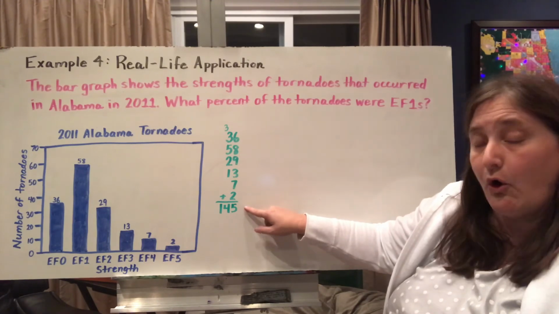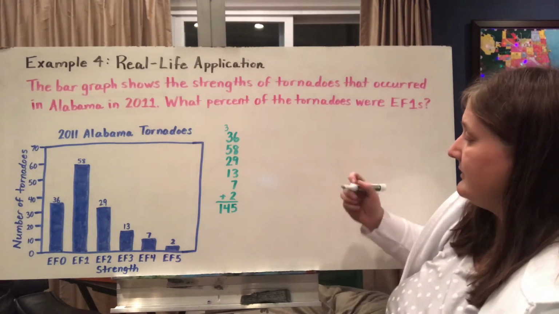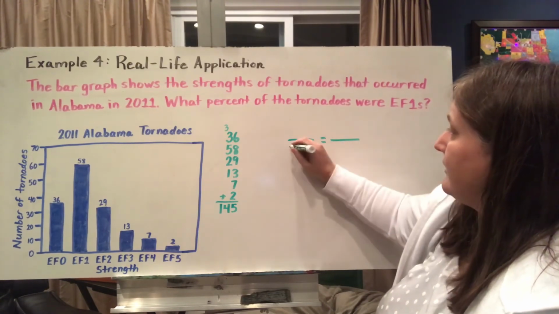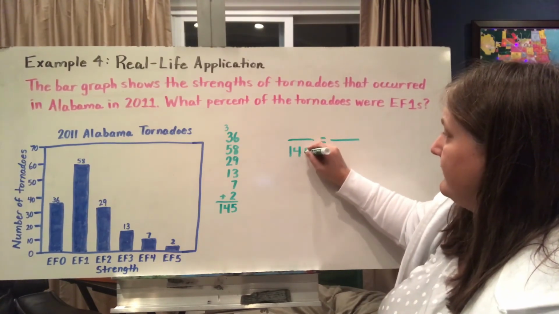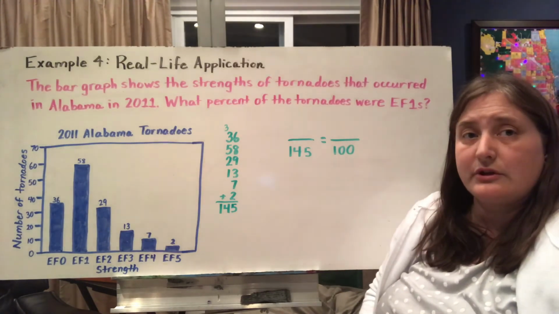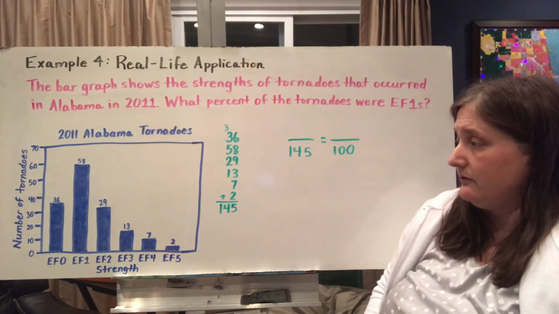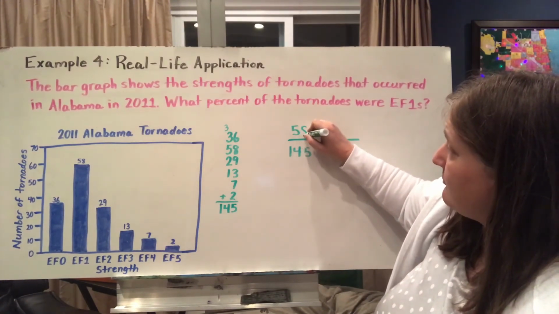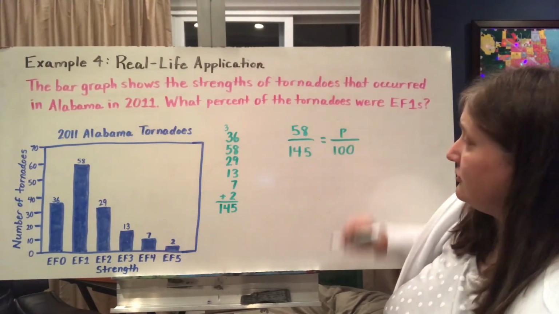So this is my whole, or my total. So when I'm setting up my percent proportion, I know it's out of 145. This 100 never changes. Now I'm only looking for the number of EF1s, which was 58. That is my part. And I'm trying to find the percentage here.